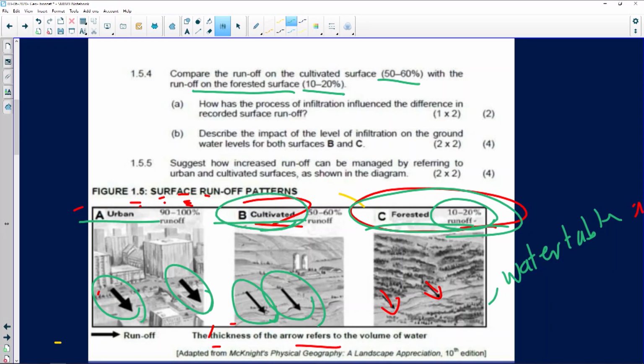Eventually, this water will flow to collection points, might even be dams. So urban planning takes place where we can actually try and collect that water. From a cultivation point of view, this water might be collected in dams. And in turn, once it's collected in dams, it can be used for irrigation purposes for the crops to grow.